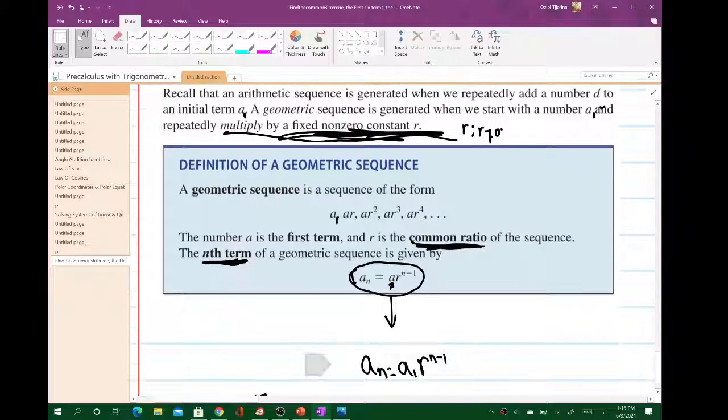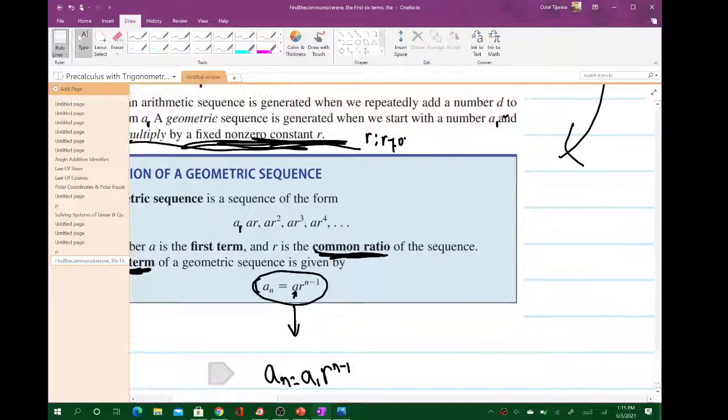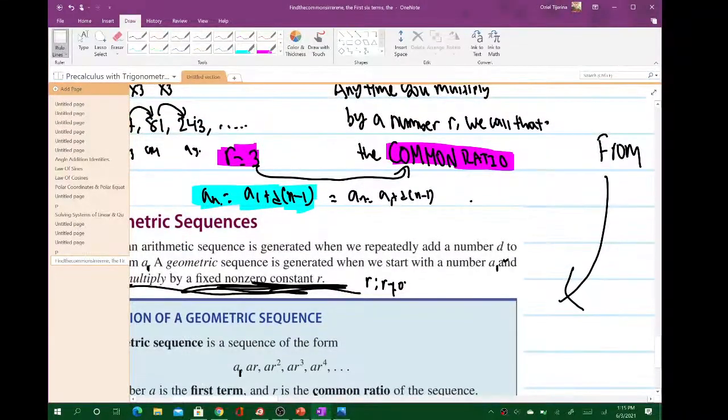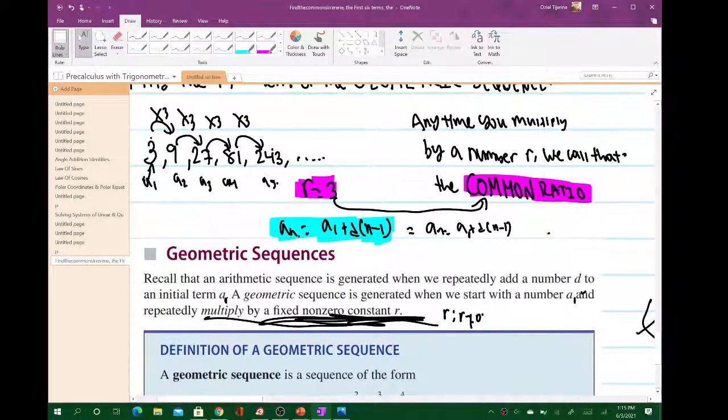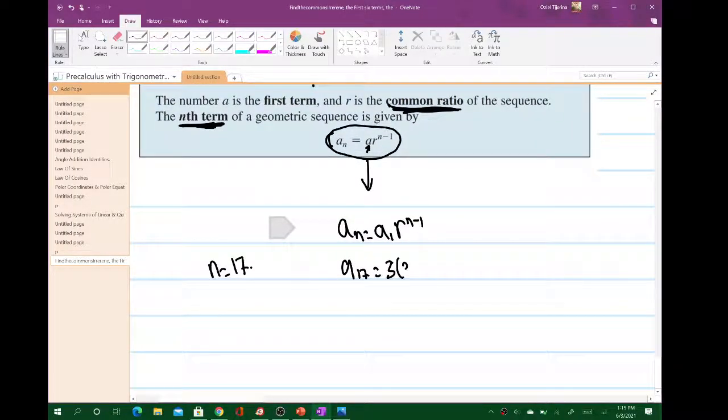So 3, and the common ratio is also 3, to the 17 minus 1 power.